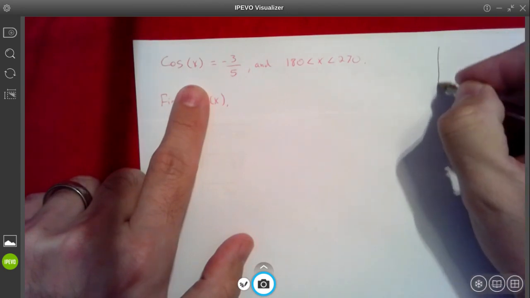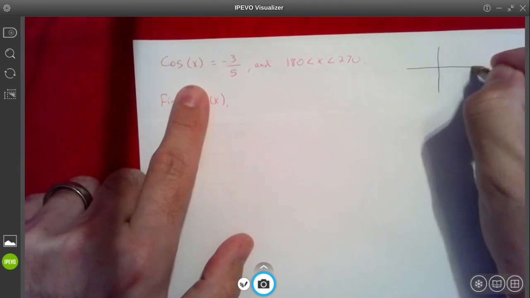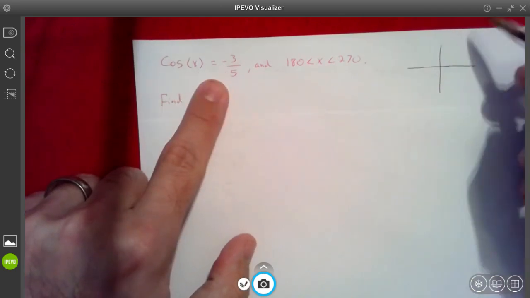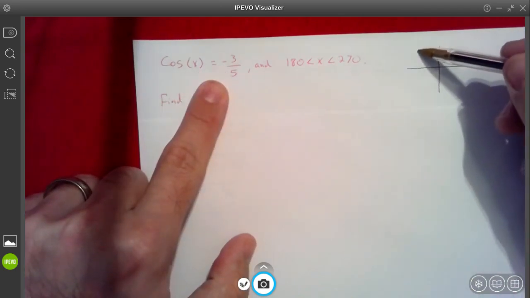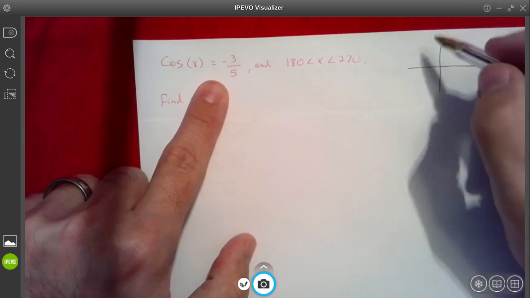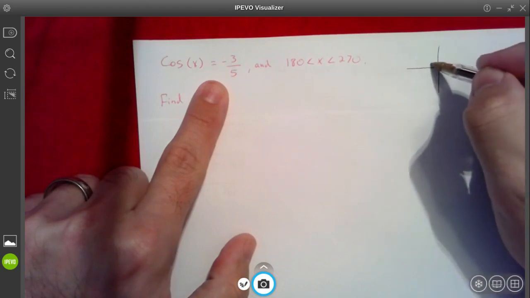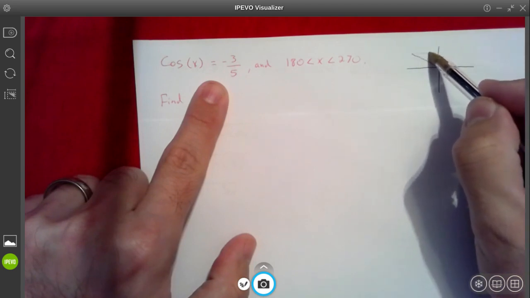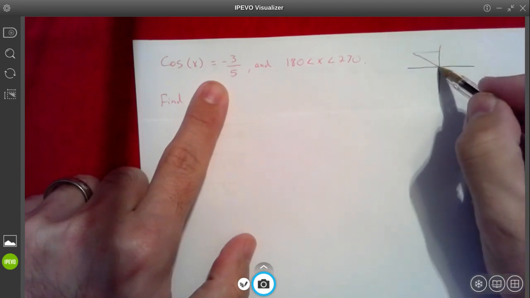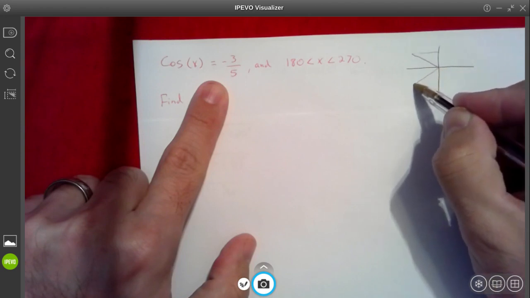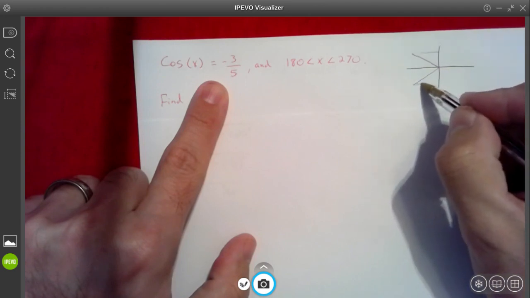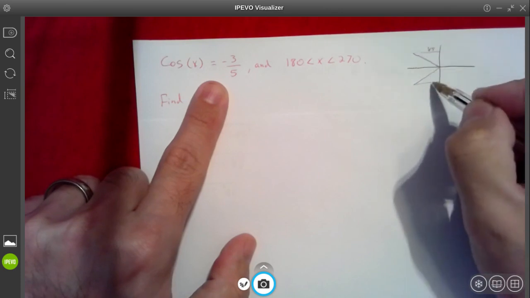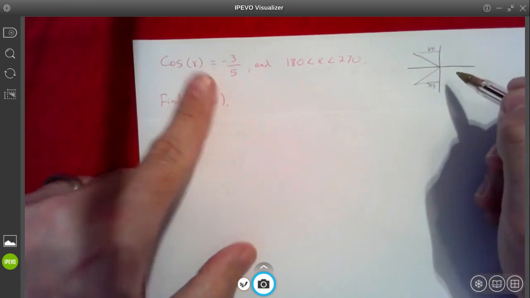All right, so if we have our little unit circle, just pretend that you can see it. If cosine's negative, I know that I'm in the second or third quadrant. And so maybe this angle right here has a left and right distance of 3/5, or maybe it's this angle down here that also has a left and right distance of 3/5.